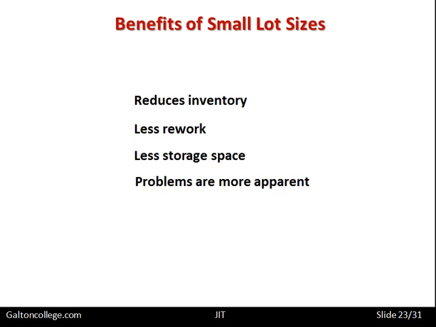Whereas on a small lot run, if there is a problem, the problem would be manifest, would be obvious from just looking at that particular run.